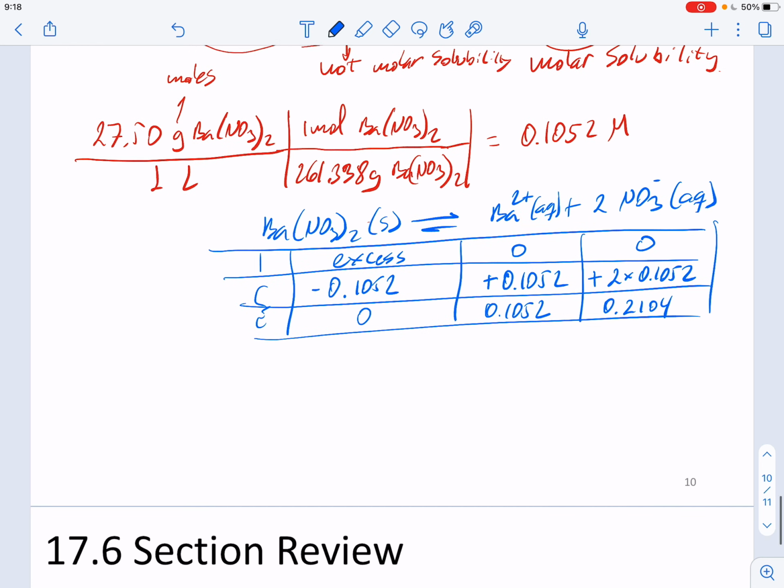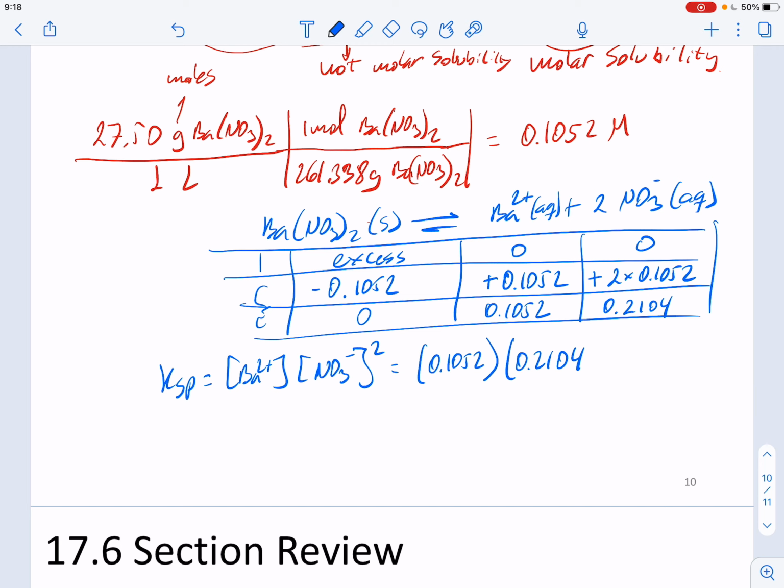So Ksp is equal to the concentration of barium 2+ times the concentration of nitrate squared. This is equal to 0.1052 times 0.2104 squared, which is equal to 4.66 × 10^-3. So this is the Ksp for barium nitrate.